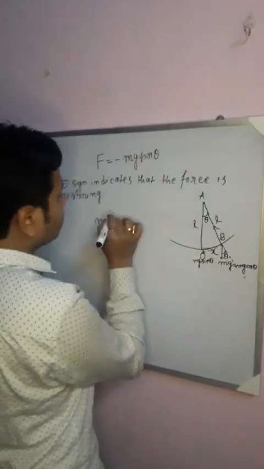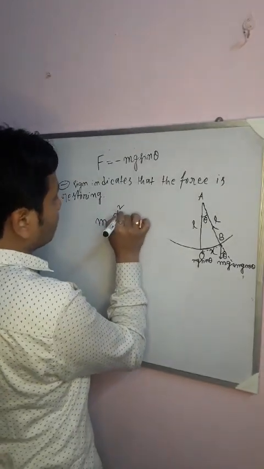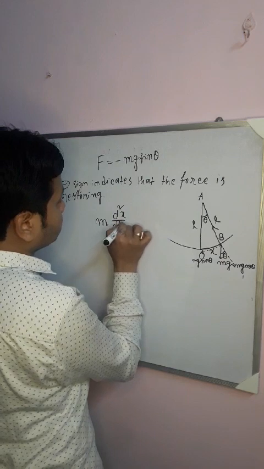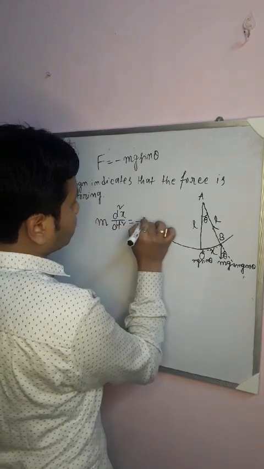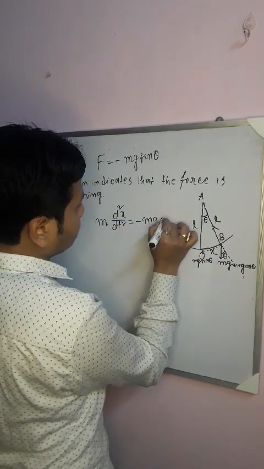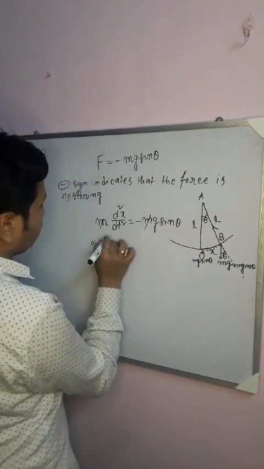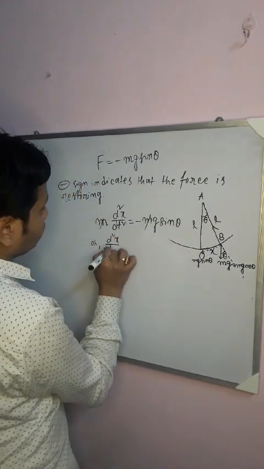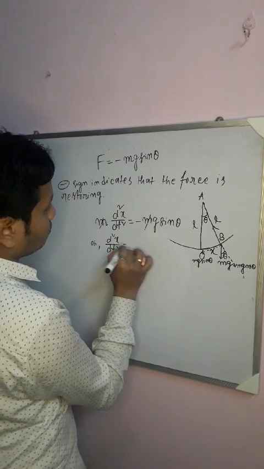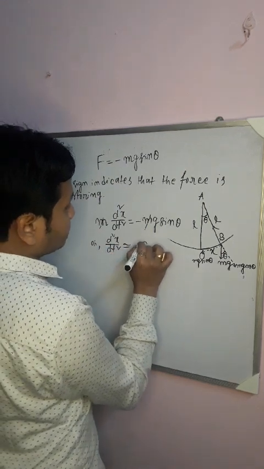Now the equation of motion of the bob we can write as m times its acceleration d2x/dt2, where x is the displacement from equilibrium, equal to minus mg sin theta. The m cancels, so d2x/dt2 equals minus g sin theta.